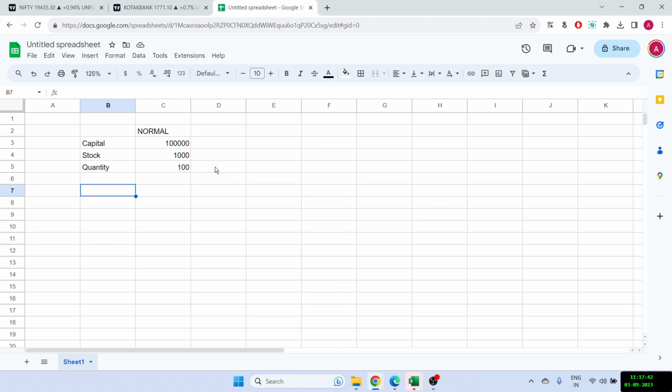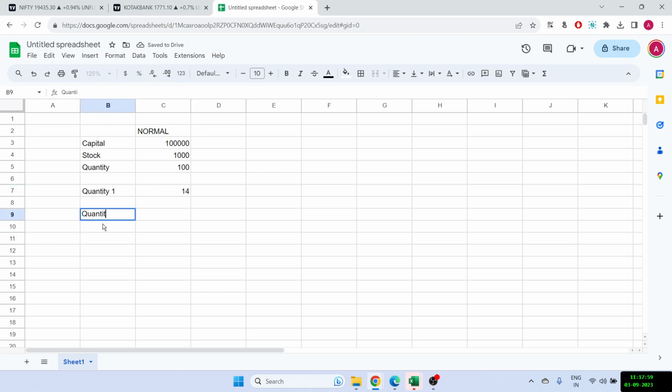So my quantity number 1 is 100 divided by 7, which is 14. So the first trade that I'm doing is with 14 quantity.